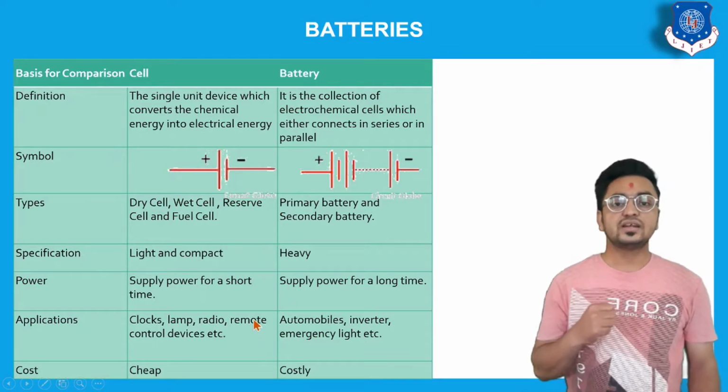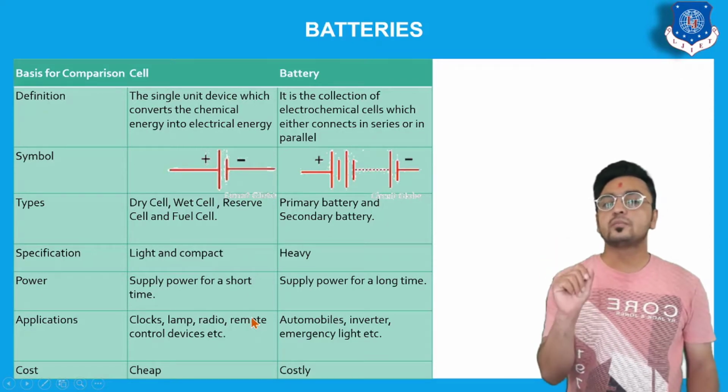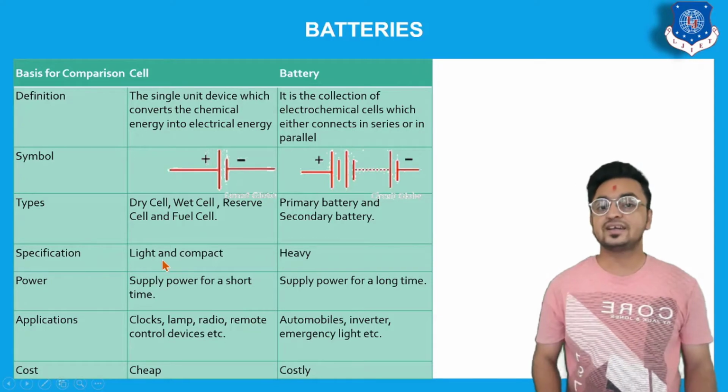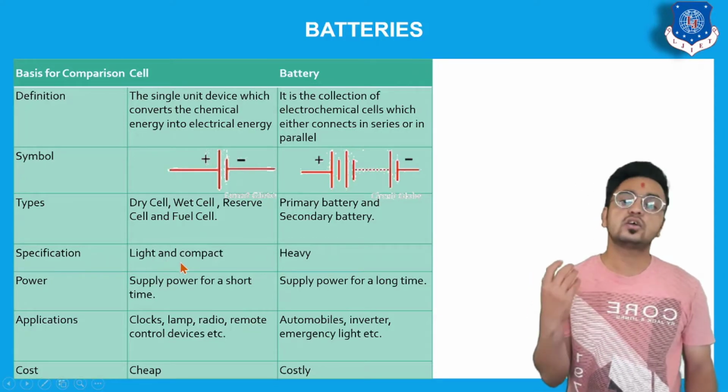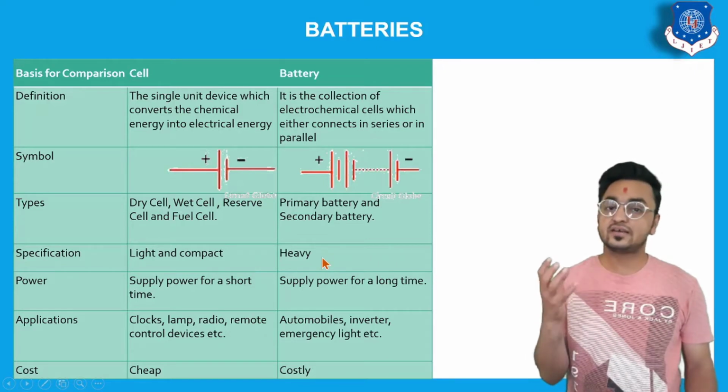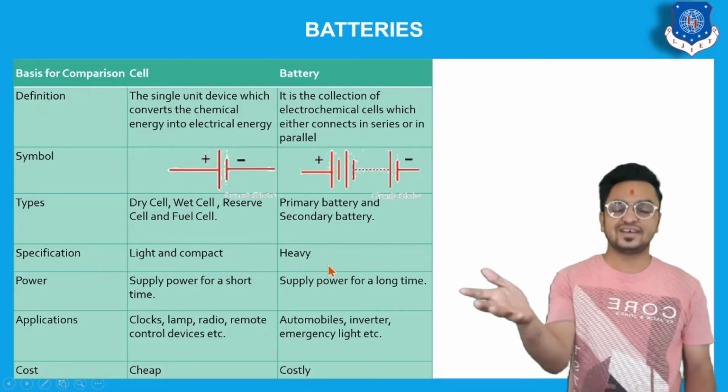Now, if we compare based on specification or structure, a cell is light and very compact, while a battery is very heavy as it is a combination of more cells.